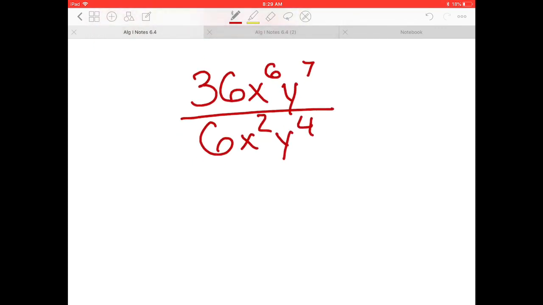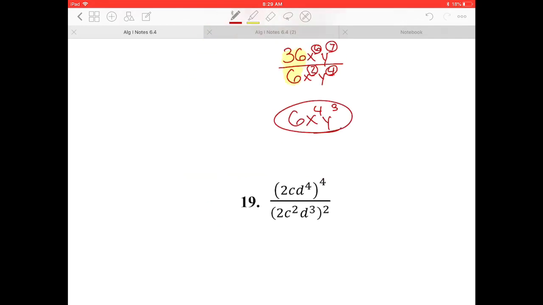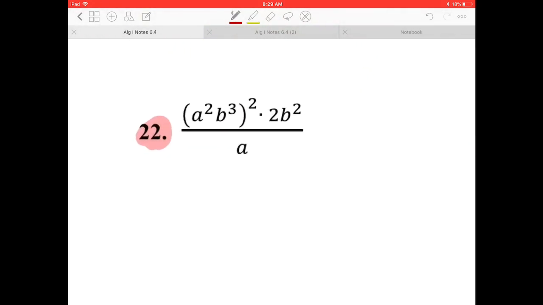Okay, now we're going to go through and do the quotient property. So actually divide your coefficients. 36 divided by 6 is 6. For the x's, we have 6 minus 2, so that's x to the 4th. And then for y, 7 minus 4 is y cubed. There you go.